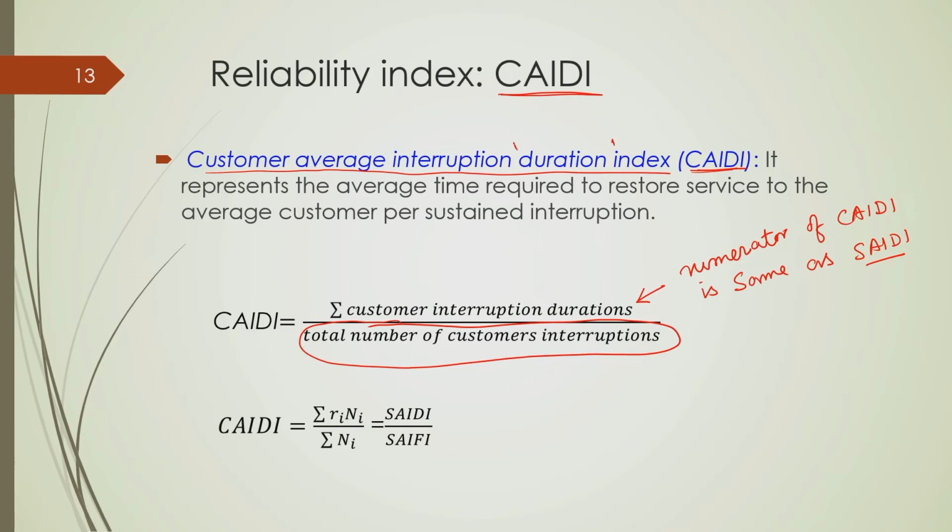So this index gives that many hours or minutes of interruption per interruption of the customer.